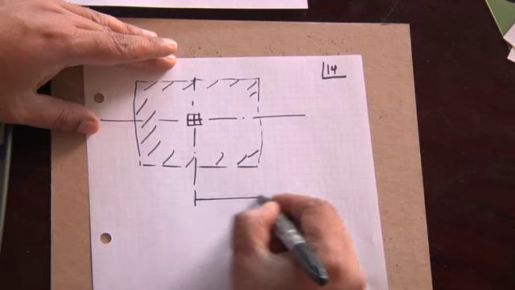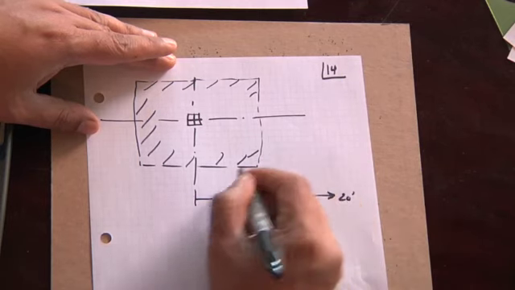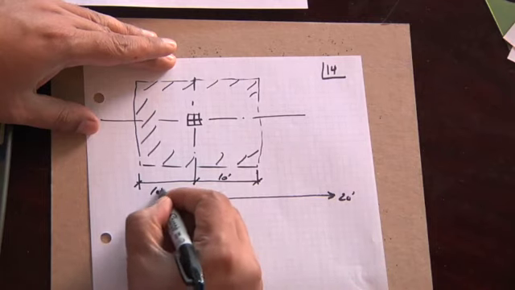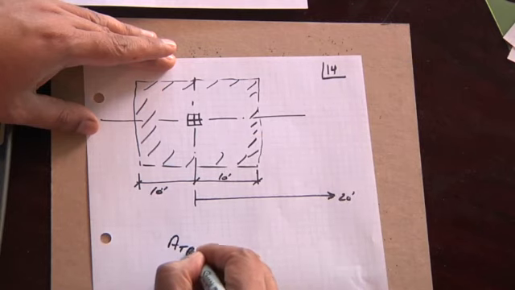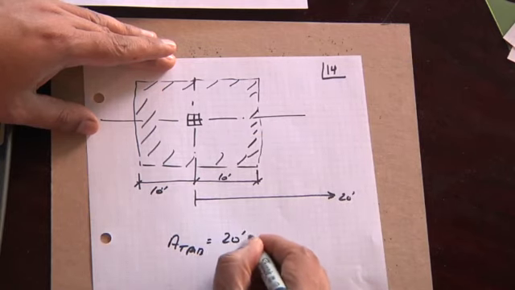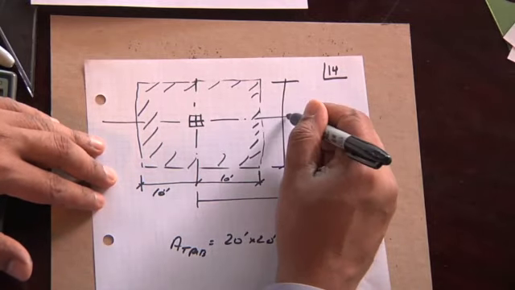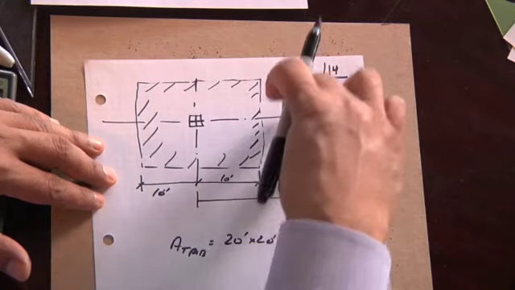Because my spacing to my next column is 20 feet, my tributary area load is going to be half of that, 10 feet, plus the 10 feet to the other column. So my tributary area is 20 feet by 20 feet, and I end up with an equal grid. 10, 10, 10, 10.